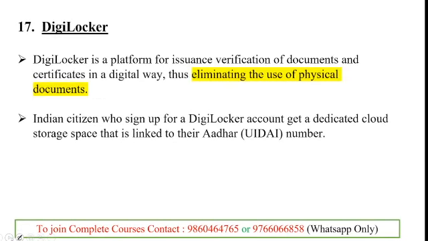Then DigiLocker. DigiLocker is another important platform related to the verification of documents and certificates. It eliminates the use of physical documents. You can see it anywhere in government education centers and also in other departments. The use of internet is very much widespread, and it eliminates the use of physical documents.